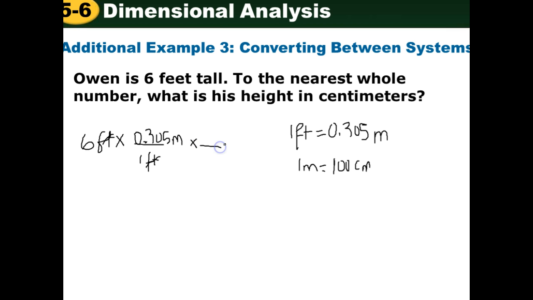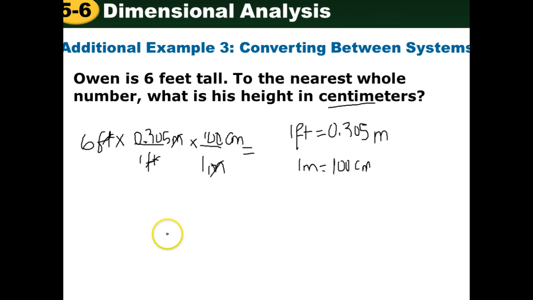Times, remember my question was centimeters, so now I need to convert meters to centimeters. Since I need to get rid of the meters, we're going to put 1 meter at the bottom, cancel, and 100 centimeters on top. So now the only unit that I have left is centimeters.